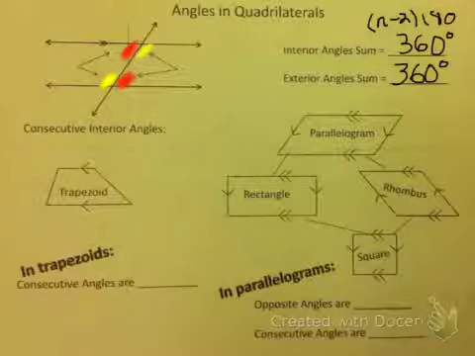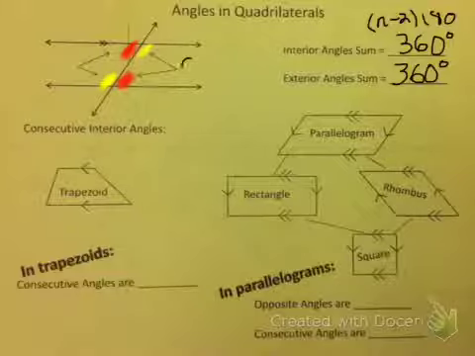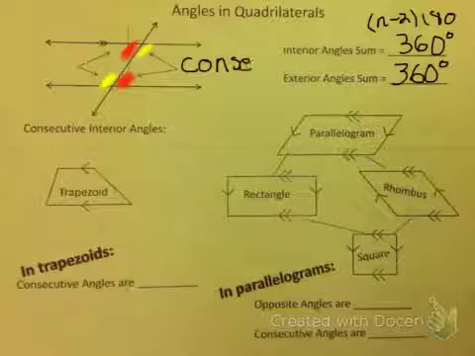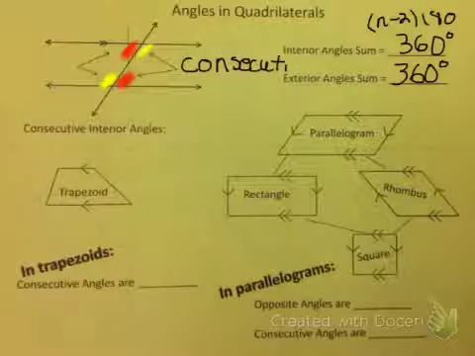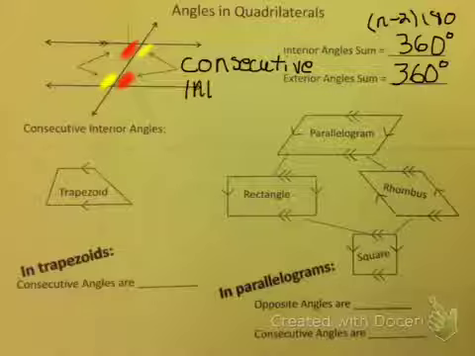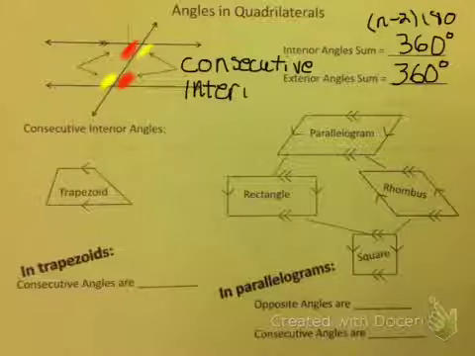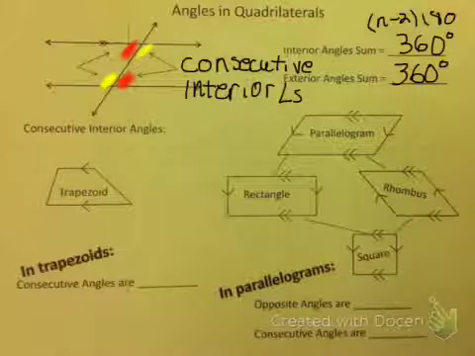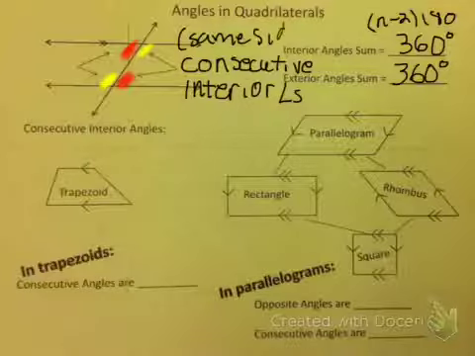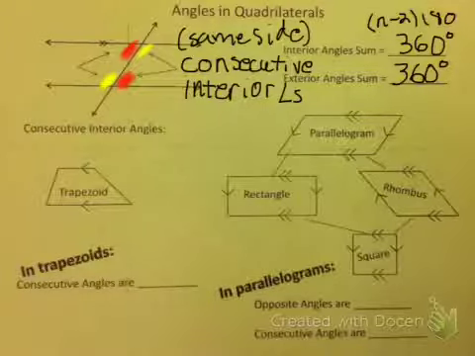We also know that these angles inside are pretty special in parallel lines. Those are called consecutive, do you remember it from last semester? Interior, because they're inside the parallel lines, angles. Consecutive interior angles, or sometimes we might call them same side interior angles.